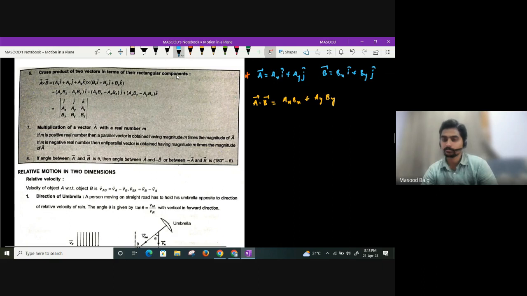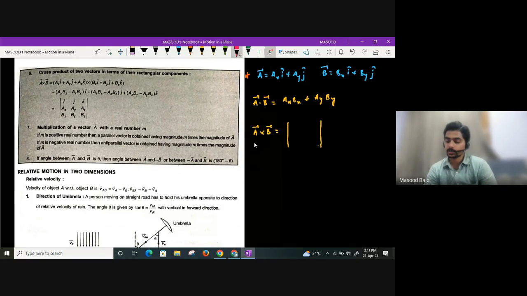Now, if I want to find the cross product, I'll use the determinants concept, guys. I am doing A cross B. The first vector is A bar, the second vector is B bar. Because I have taken vectors in a plane only, I'll take only two rows and two columns. The first row has ax and ay, the second row has bx and by.